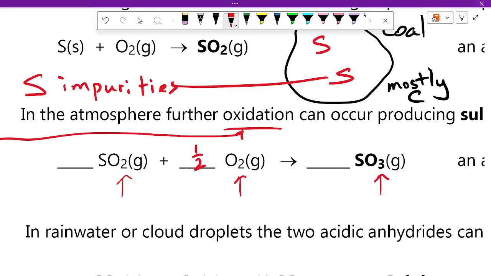A half of an O2 is 1 oxygen. So now I have 2 plus 1 is 3. Now it is balanced, and I would just need to multiply everything by 2. So that would give me coefficients of 2, 1, 2.